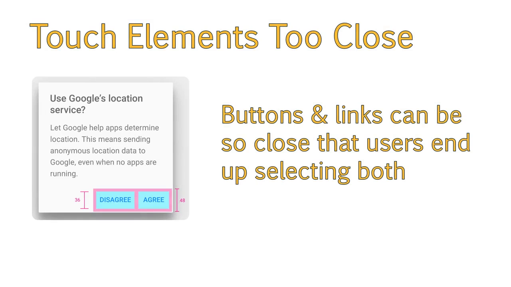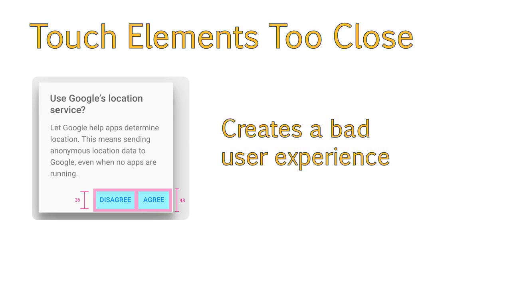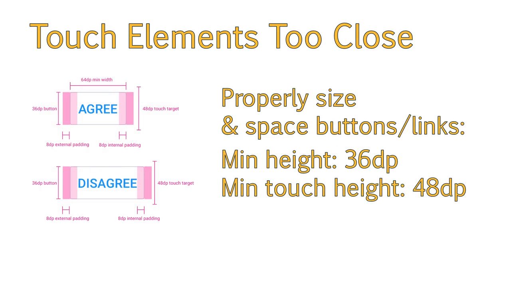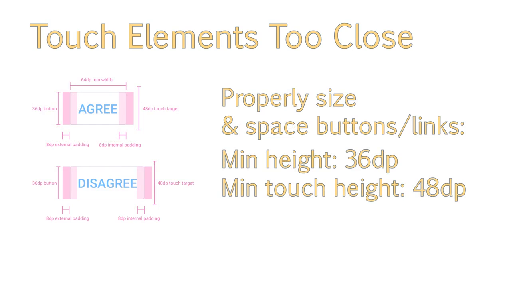Buttons and links can be so close to each other that a mobile user cannot easily tap a desired element with their finger without also tapping a neighboring element. This can be so frustrating. To fix these errors, make sure to size and space buttons and navigational links suitably for your mobile visitors.